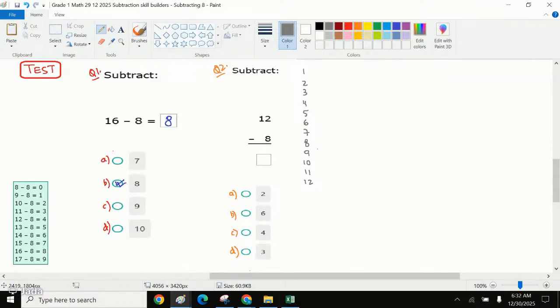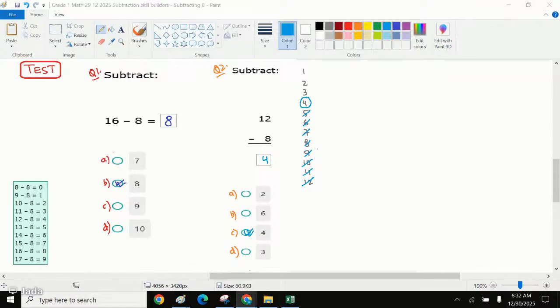So if it's a very big number, then we will use another method. In this, we removed 8 numbers and were left with 4, and 4 was in the third option. I hope you're clicking it on the screen as well on your website.